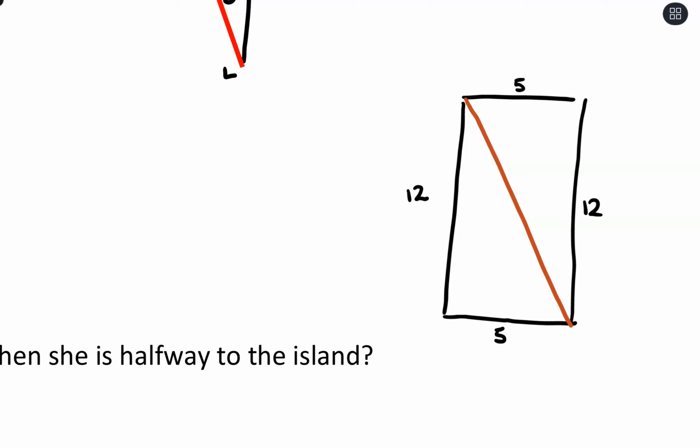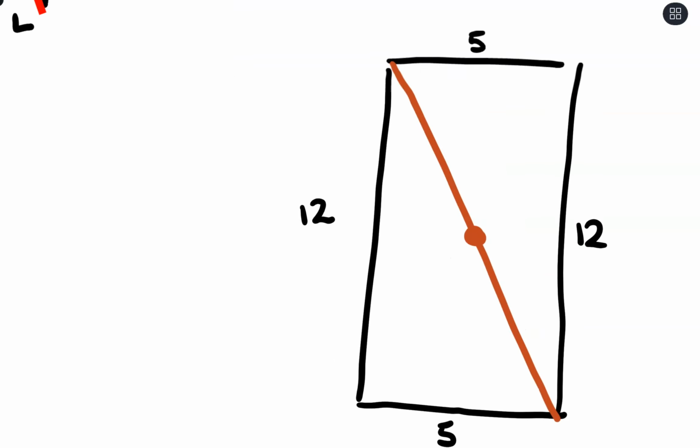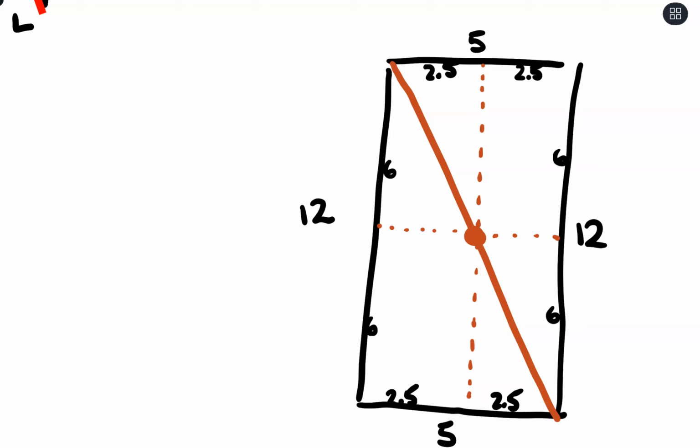And what we're doing is going halfway. When we cut in half, it is cutting the 5s in half. It's also cutting the 12s in half. So when we get to that halfway point, we end up with these separated measurements like 6 and 6, 2.5 and 2.5, 6 and 6, 2.5 and 2.5. So that's what we're getting when we cut in half.